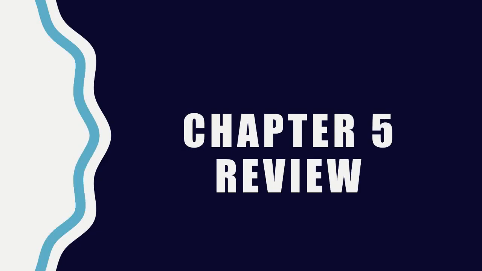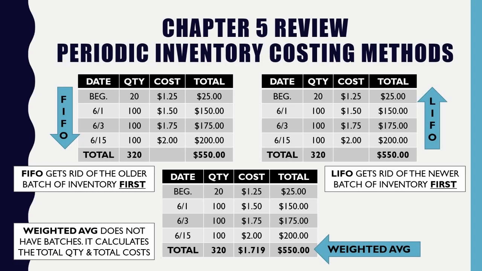Okay. So again, chapter review, what you're going to notice is that you're going to see a trend when it comes to using the costing methods, right? If you're using FIFO, you're going to start from the top of the batch and slowly make your way down to the bottom batch, okay? LIFO, you're going to start from the bottom of the batch and slowly make your way up to the very first batch that you purchased, right?